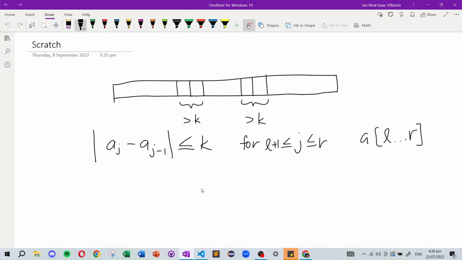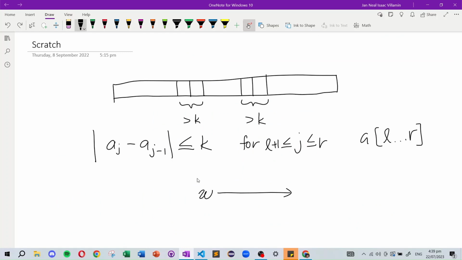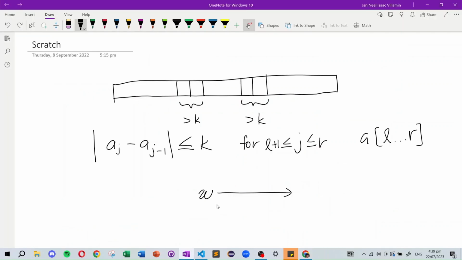suppose our current W doesn't work, right? So we check some W, it doesn't work. Then, if the value of C that we computed is greater than C, then all of the W's that are greater than this current W will also not work.